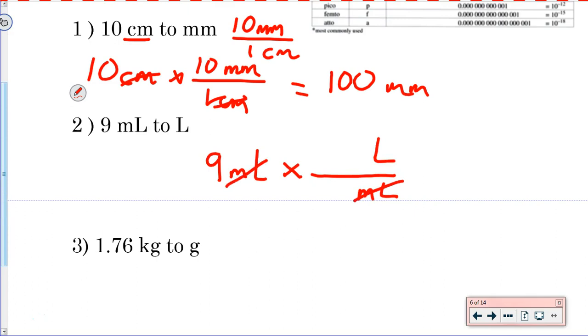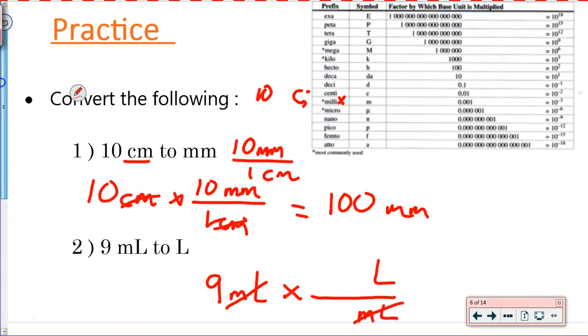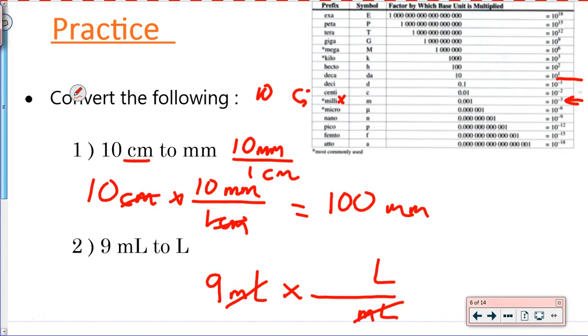Now, I just need to know the conversion between liters and milliliters. The way that I often do some of my conversions is I start with the unit that is bigger. If I look at milliliters and liters, if I scroll up to that table again for one moment, I can see that liters should be around 10 to the 0. Milliliters is down here. Milli is smaller.